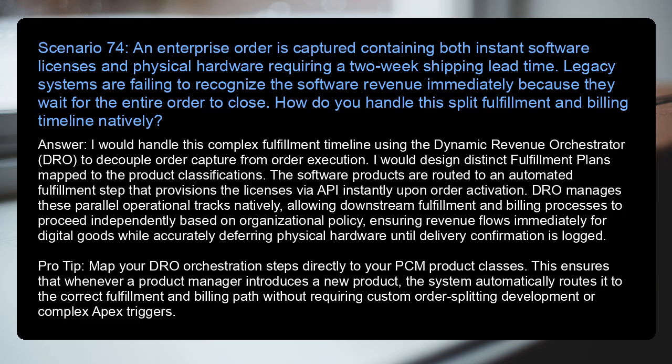Pro tip: map your DRO orchestration steps directly to your PCM product classes. This ensures that whenever a product manager introduces a new product, the system automatically routes it to the correct fulfillment and billing path without requiring custom order splitting development or complex Apex triggers.